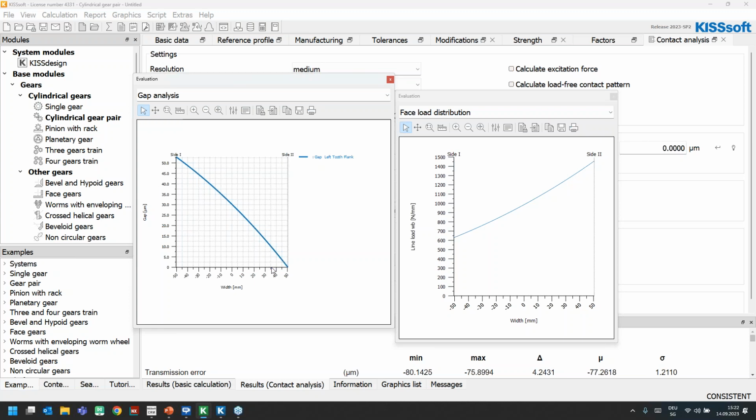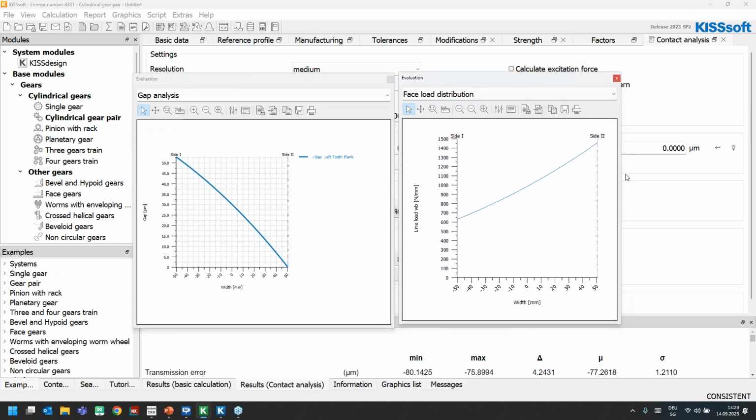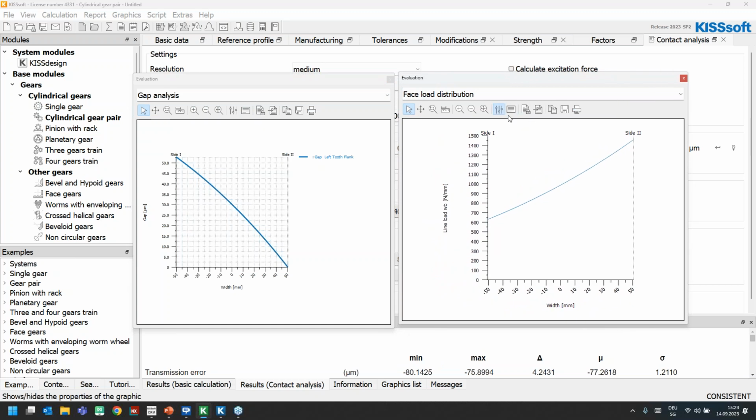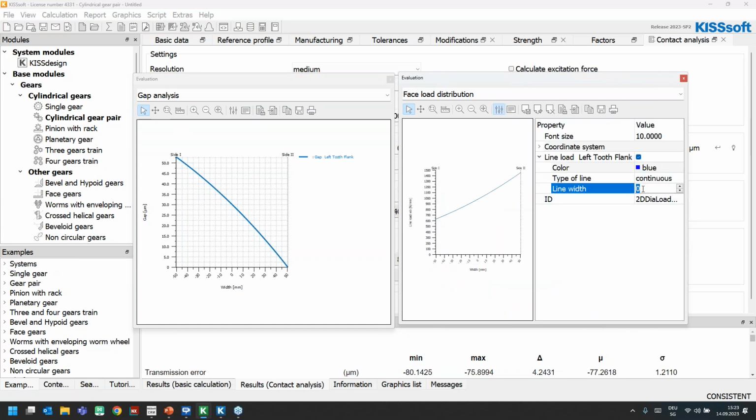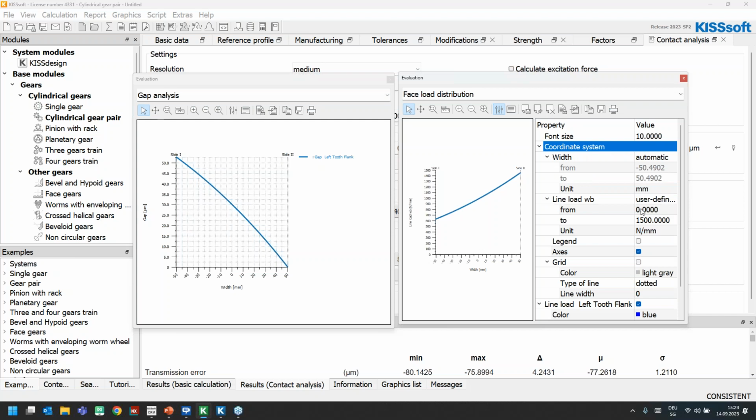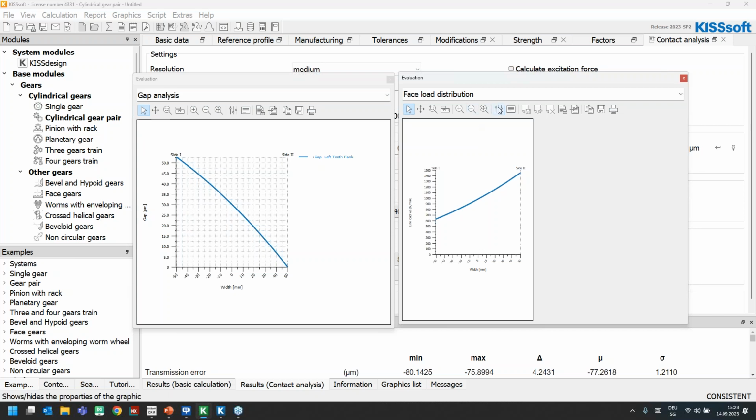And obviously, this graphic helps us to understand how much material I should remove from side 2 in order to compensate for these misalignments. On the other hand, the face load distribution on the pitch circle, which you can see over here, and actually, let me save these graphics.